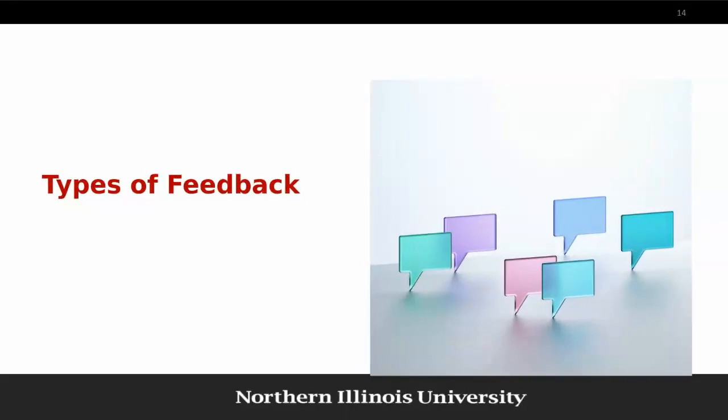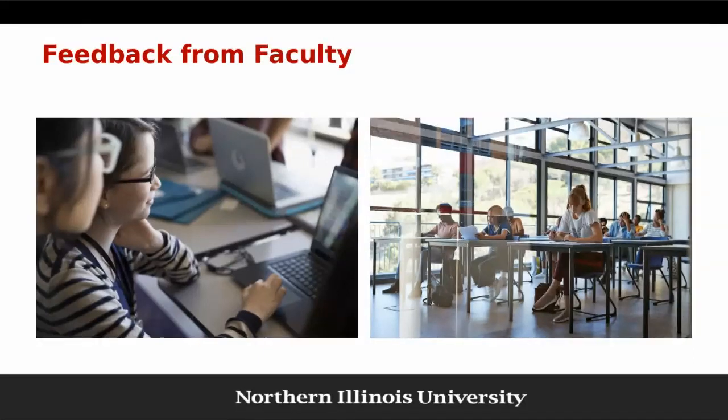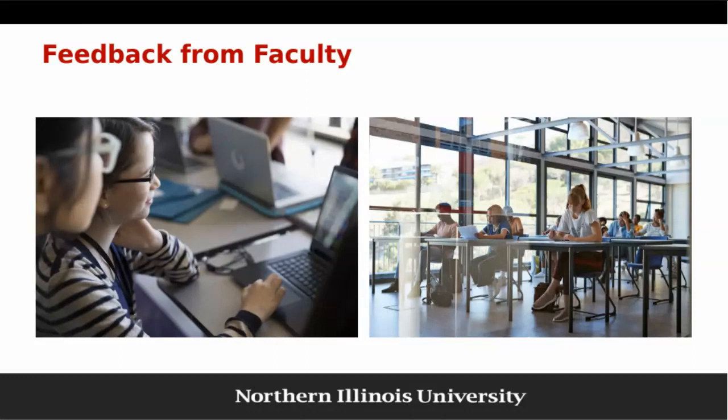And there's different types of feedback, and so we'll look at a couple of different types. There's clearly feedback from the instructor or the faculty member, and it should be consistent and frequent. It's important that we maintain a presence in sharing that feedback because it orients students to the course.